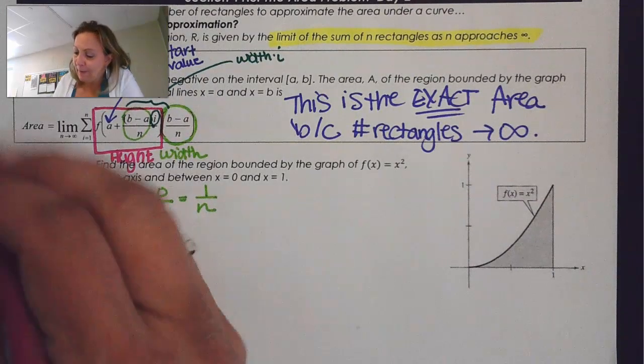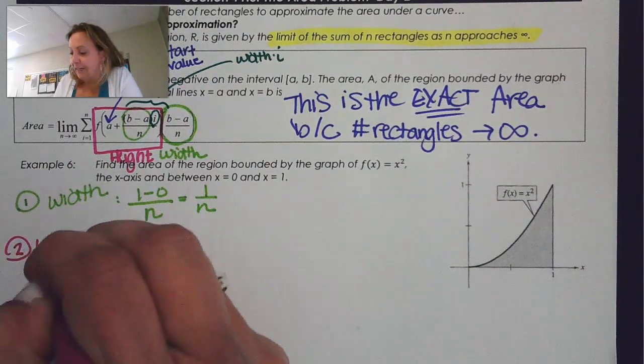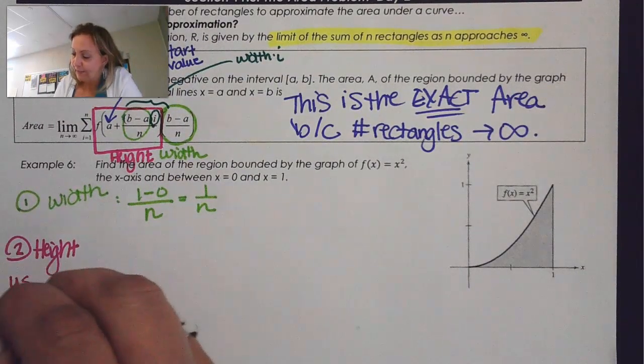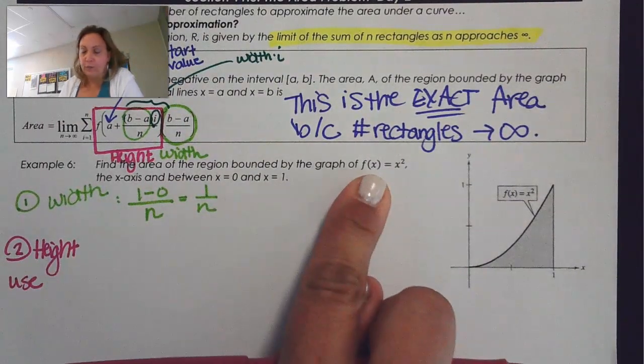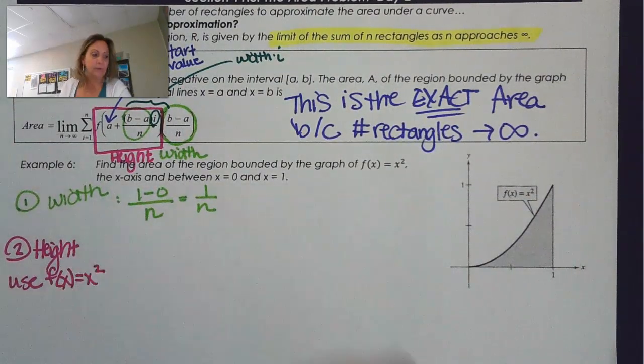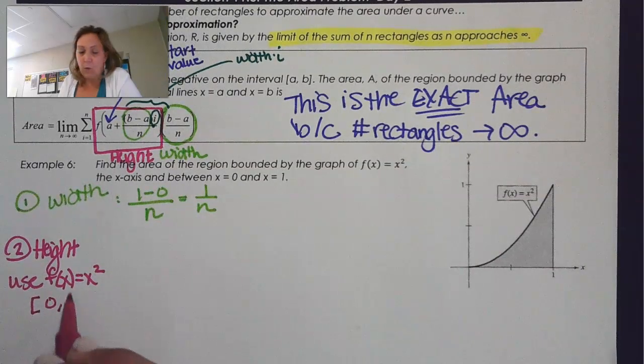So now let's talk about the height of our rectangles. Now remember, the height of our rectangles is going to depend on where it hits that graph, right? So we're going to use the function f of x equals x squared. And remember, this is going to be on 0 to 1.